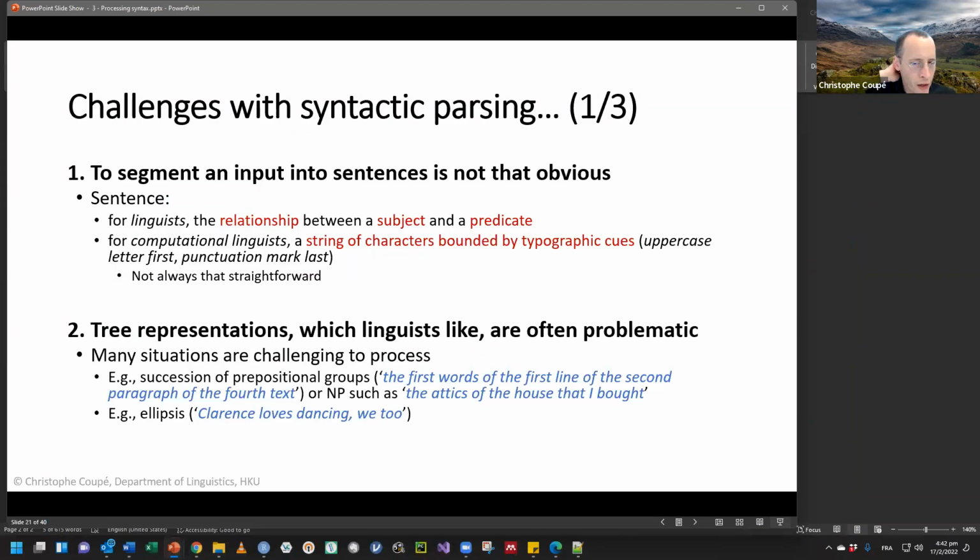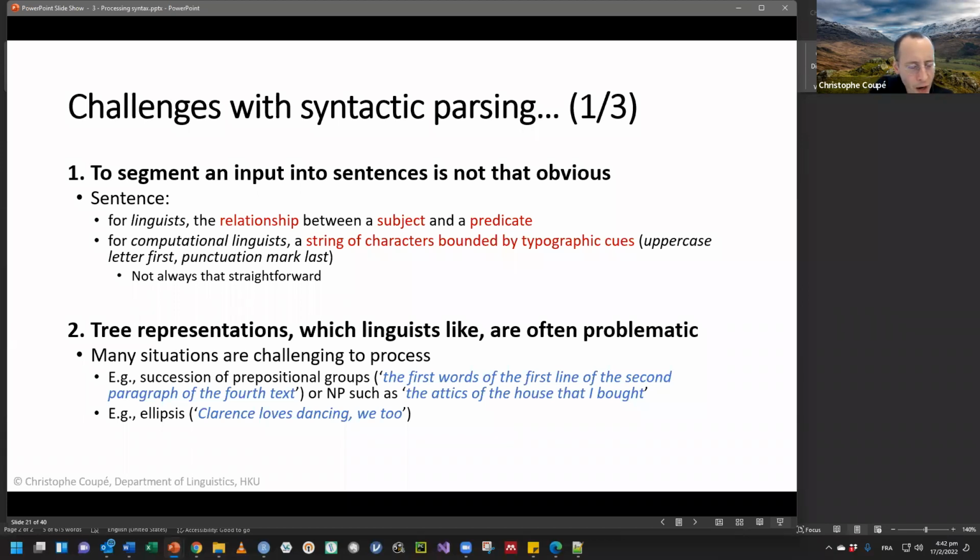It's a string of characters with some typographic cues to know the beginning and to know the end. Commonly, we have an uppercase letter first to start a sentence, and at the end, we have some punctuation mark. It's not always perfectly clear, but most of the time, you start with an uppercase letter, and you end with a dot, or an interrogation mark, or an exclamation mark, or 3 dots, but more or less, that's it.